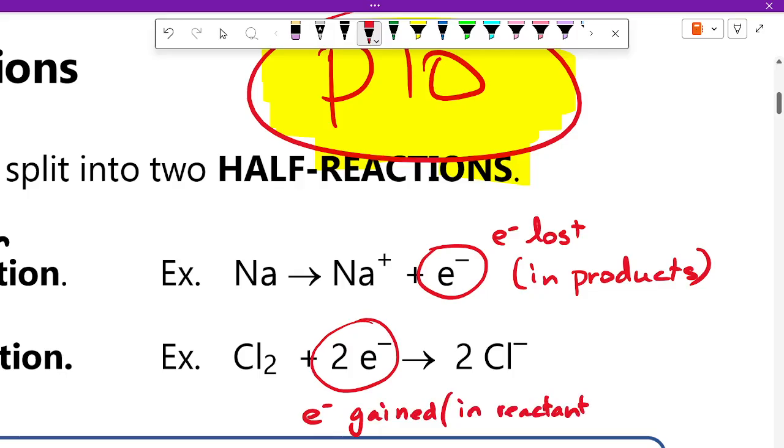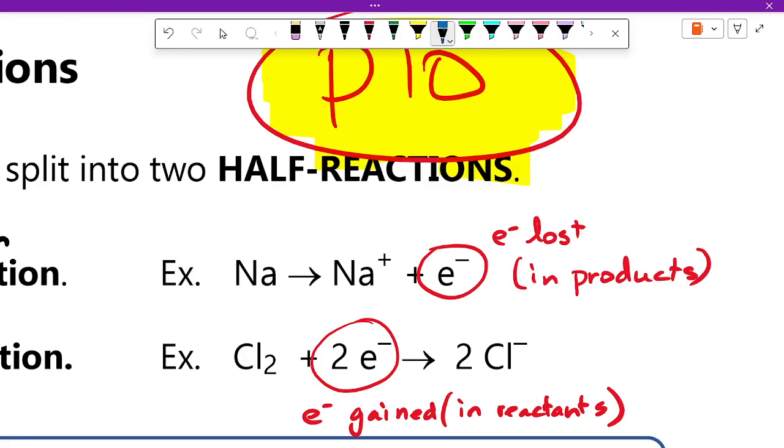So that is one way that you can tell if a half reaction is an oxidation half reaction or a reduction half reaction, is by where the electrons are. If the electrons are in the products, you have oxidation. If electrons are in the reactants, you have reduction. But there's another way as well.